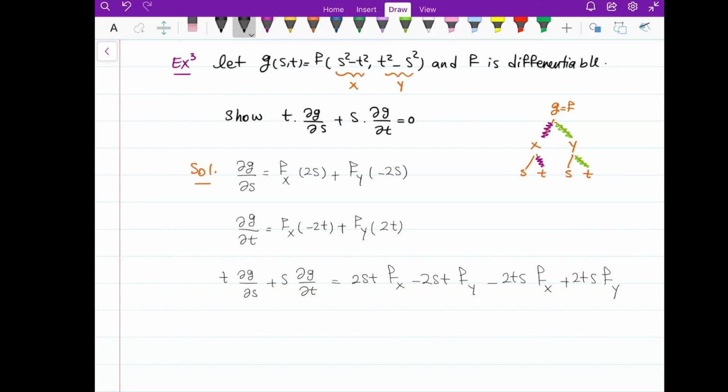As you see, fy in here and fy in here, these two would cancel, and then 2st fx and this one would cancel, so I get a 0.